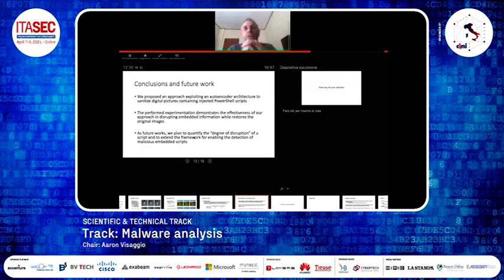As future work, we plan to quantify this degree of disruption for a script and to extend the framework for enabling the detection of malicious embedded scripts.